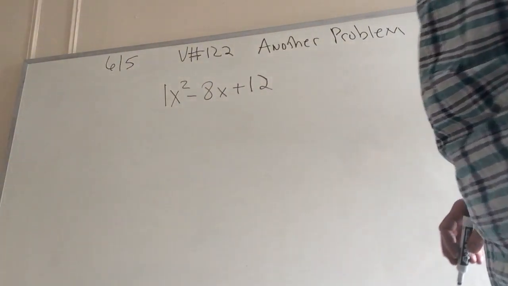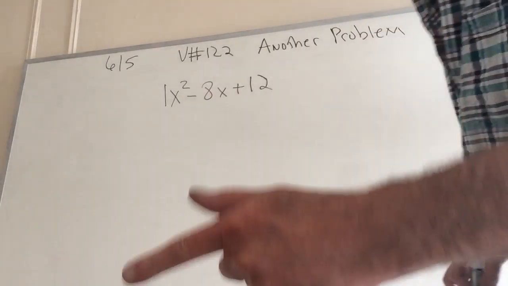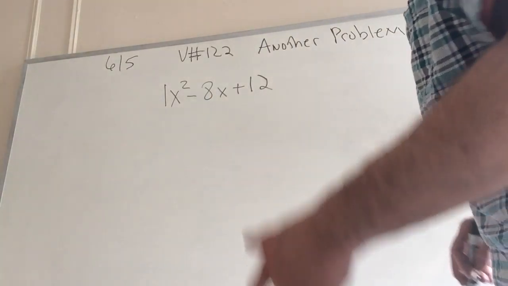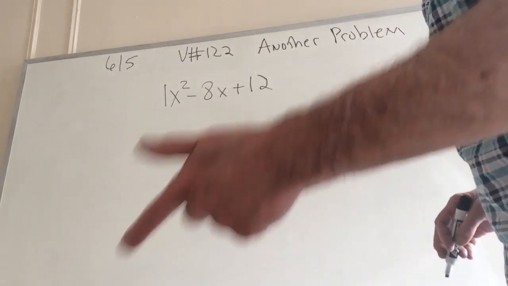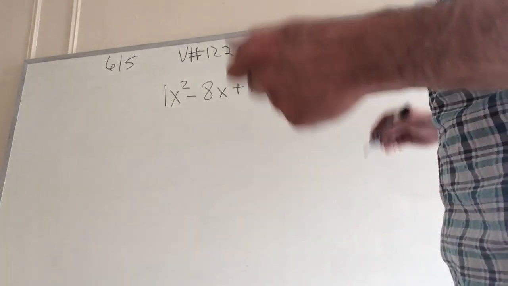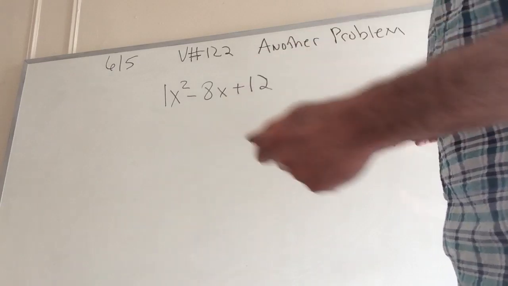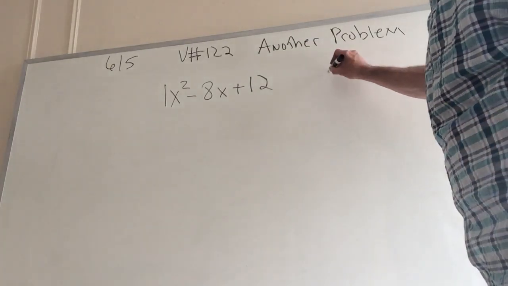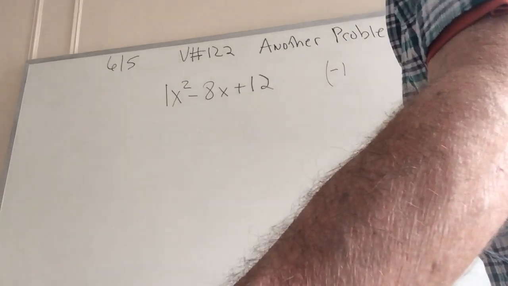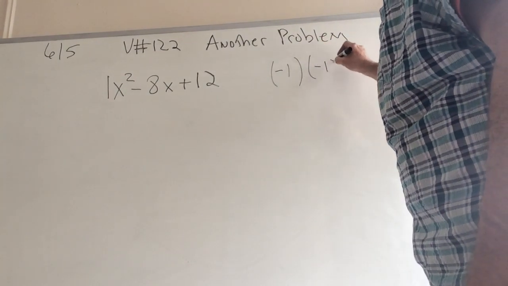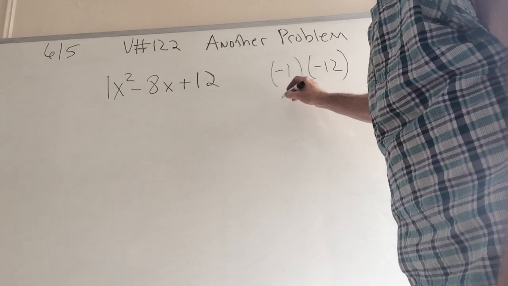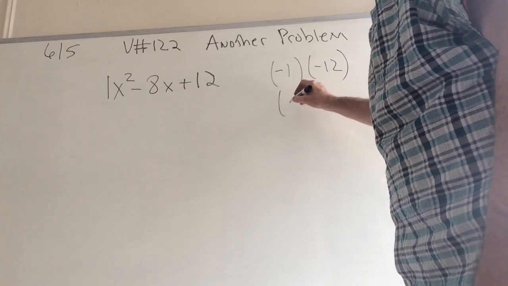Only a negative times a negative equals a positive, and at the same time a negative plus a negative equals negative. So I can't multiply two positive terms together. All I can do, and I do it over here, is multiply negative terms. Okay?